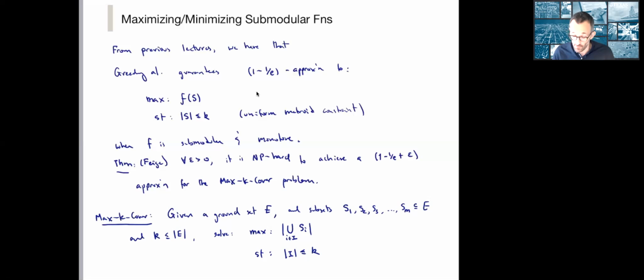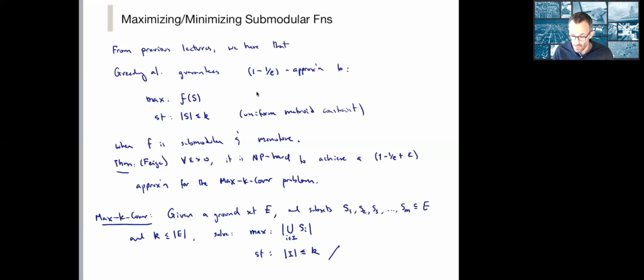I think you know what to do given what we've seen in past lectures. And you can see that this is just a uniform Matroid constraint there. So this is where we are so far. We have limited results, but good results for maximizing a submodular function subject to the uniform Matroid.